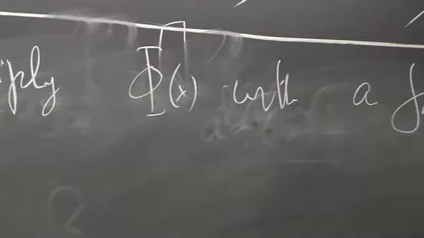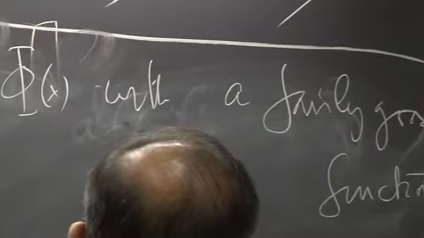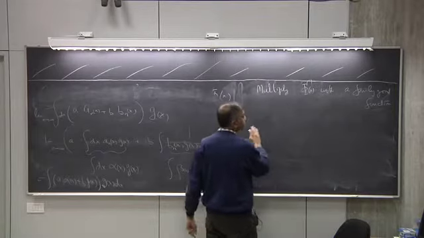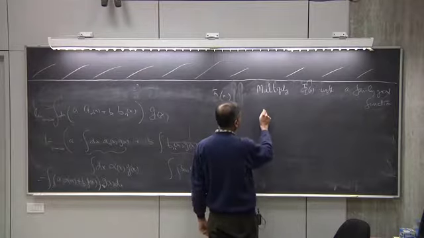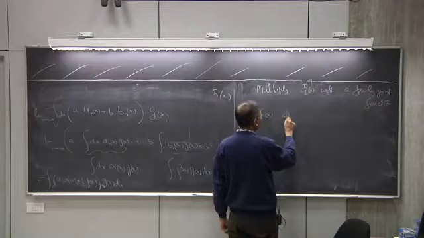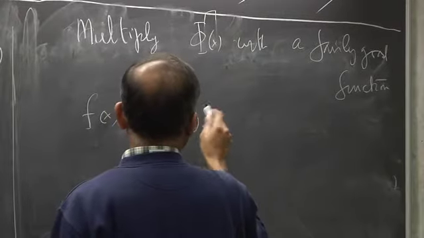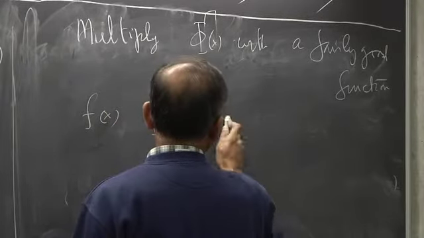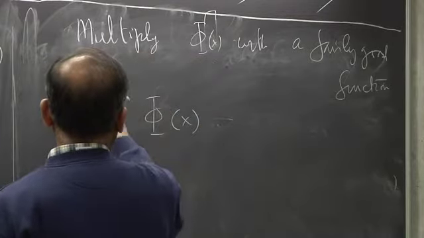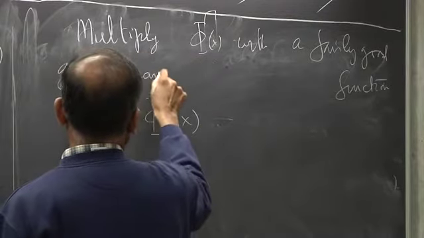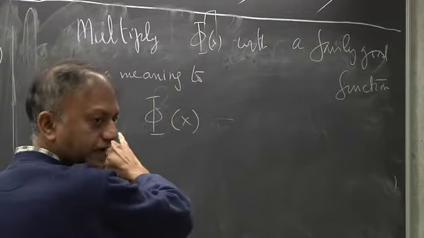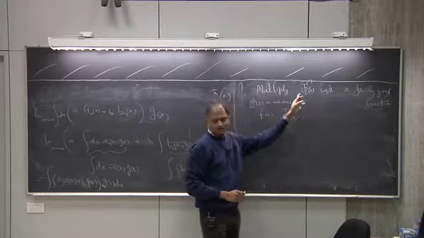So this is the second point: we can give a definition of multiplication of a generalized function with a fairly good function. Again, it's essentially the same. Let's say I'm given a fairly good function f(x), and I want to give a meaning to this concept of multiplying a fairly good function to a generalized function.